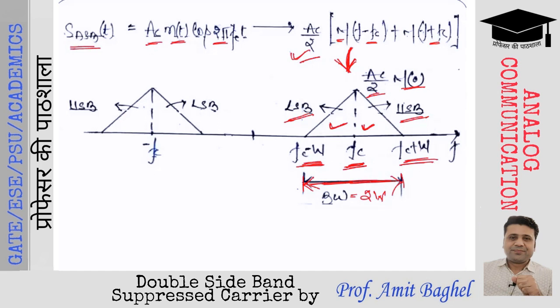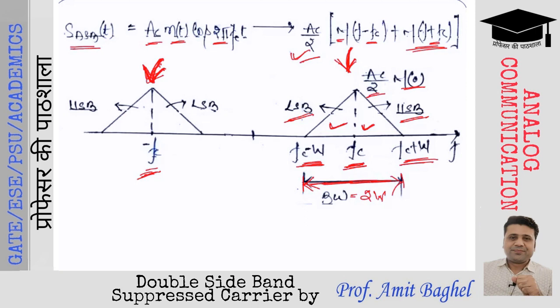So at the negative side of frequencies, we are going to plot M of f plus fc. Yes, M(f) will be advanced by the frequency fc. So M(f) will be shifted to the frequency minus fc.